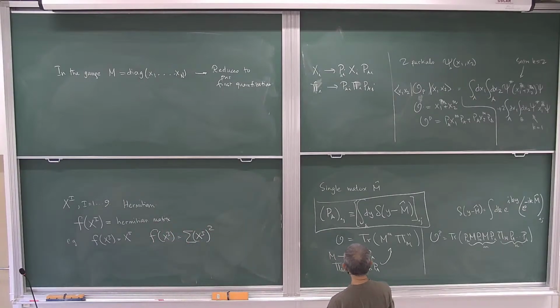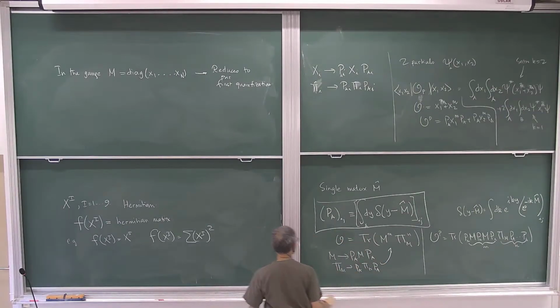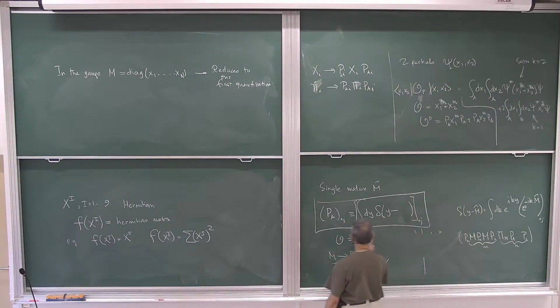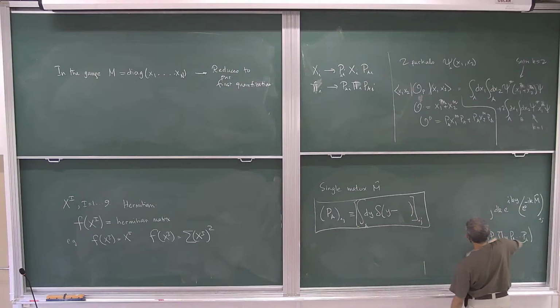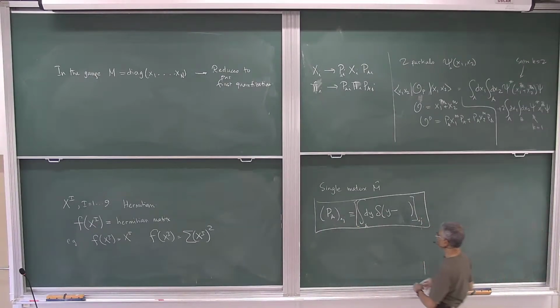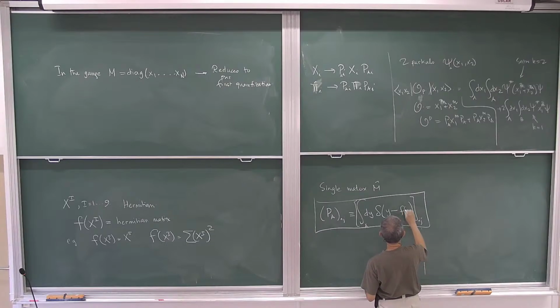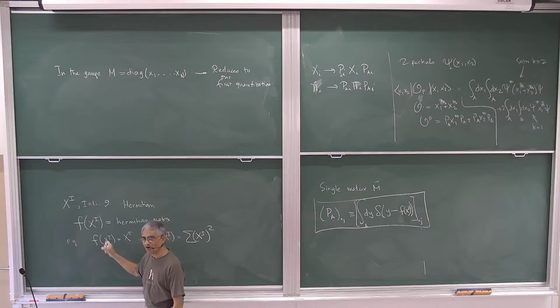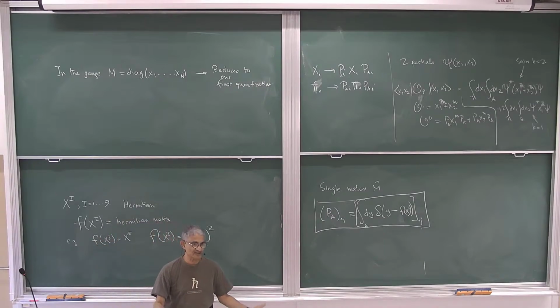Now what I can do is replace that M here by that f. M was 1 matrix. I traded that 1 matrix with a Hermitian combination of 9 matrices. My choice. What is the physics? I'll come to that later.